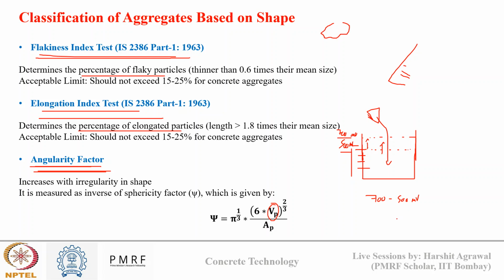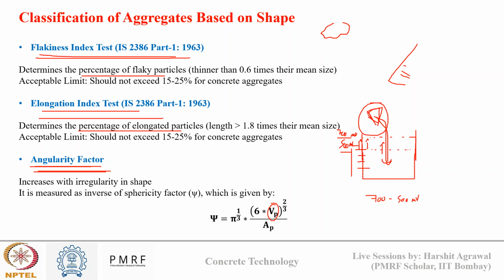So this is how we can calculate the volume of a single aggregate. When I added one aggregate, the increase in the volume of the container defines the volume of that aggregate. This is known as the water displacement method.